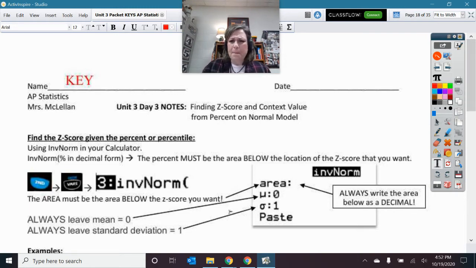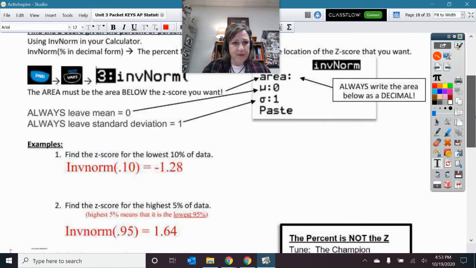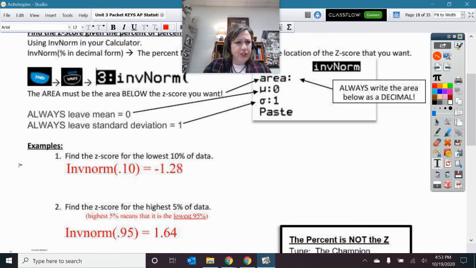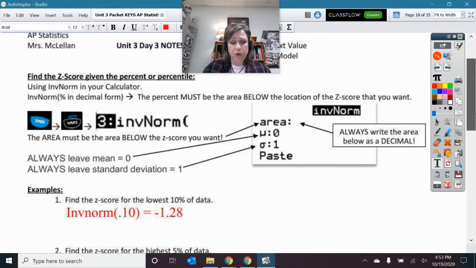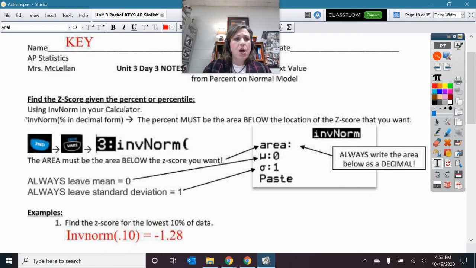First of all, we'll come back to this. Instead of just throwing this calculator information at you, let's look at a problem first, and then we'll come to our calculator information. So first, find the z-score for the lowest 10% of data. When you have a normal model, the calculator will go backwards for that lower percent.